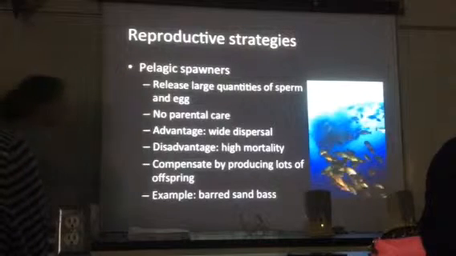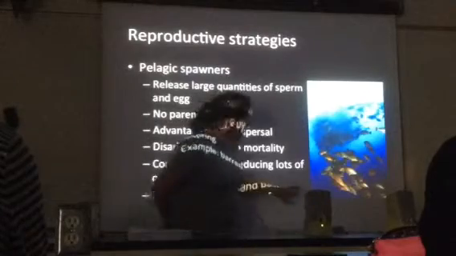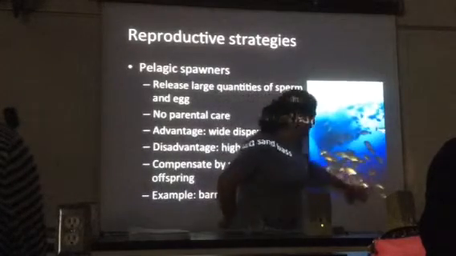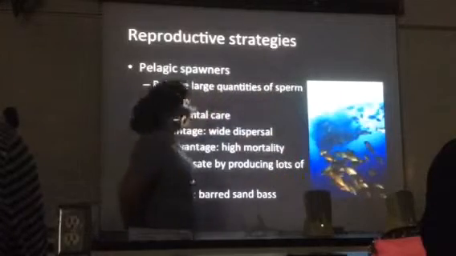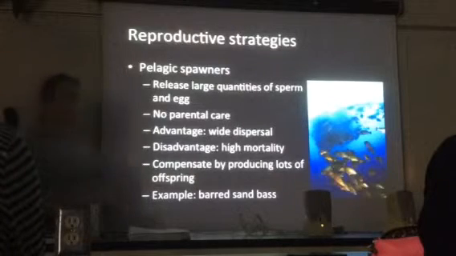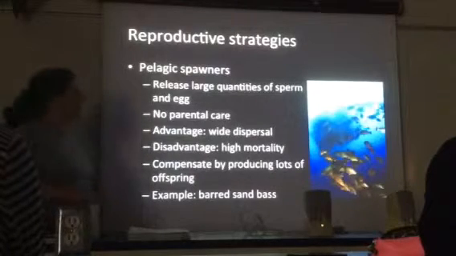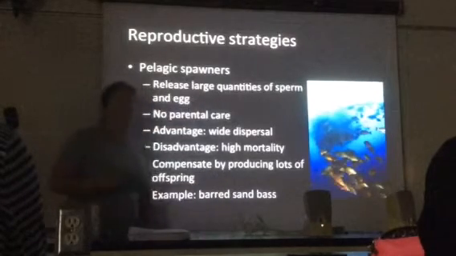With pelagic spawners, this is what a spawning scenario can look like. A huge cloud of sperm and eggs, mostly sperm, some eggs. In group spawning fishes like this, when they're spawning into the water column in these large groups, typically there is sperm competition.